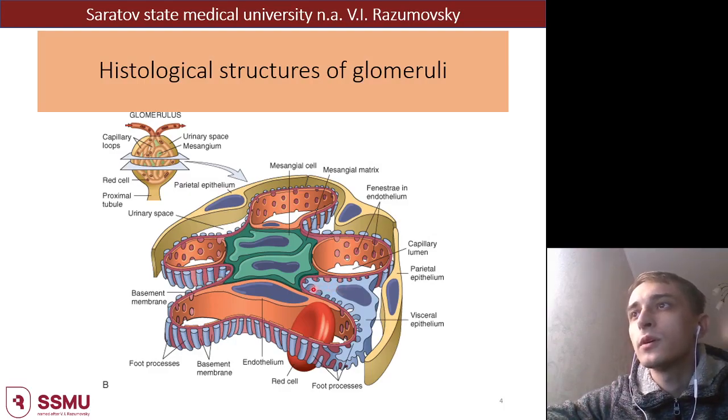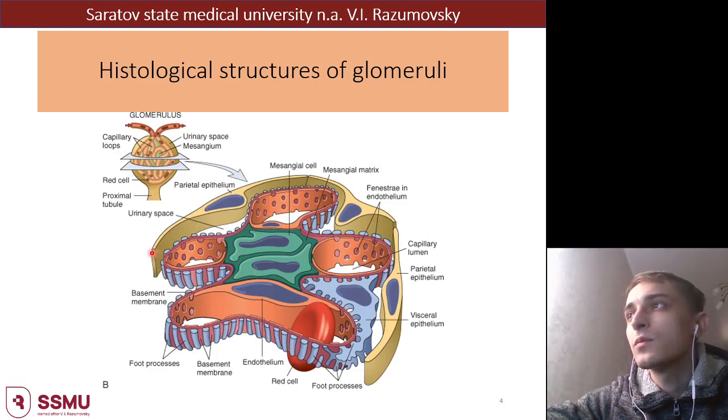One more interesting cells are podocytes. They are localized on the surface of vessels, and they take part in the filtration process. That is about the vessel structure of the glomeruli.